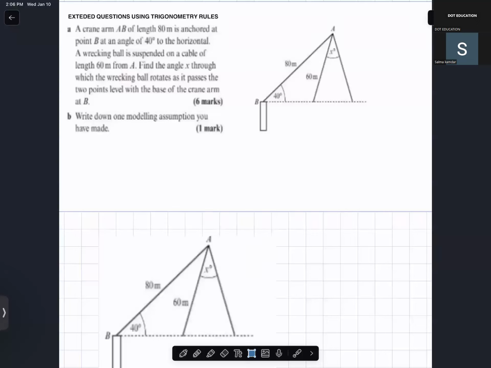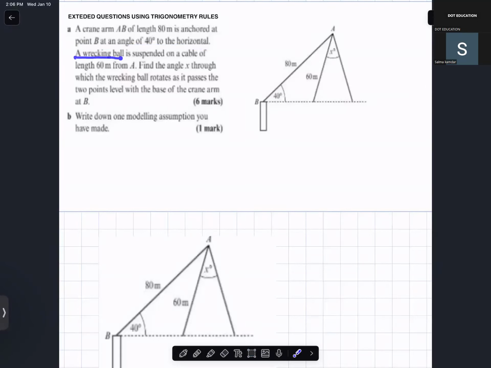Proceed with solving extended questions using trigonometric rules. So we are taking this example using this triangle. A crane arm AB of length 80 meters is anchored at point B at an angle of 40 degrees to the horizontal.